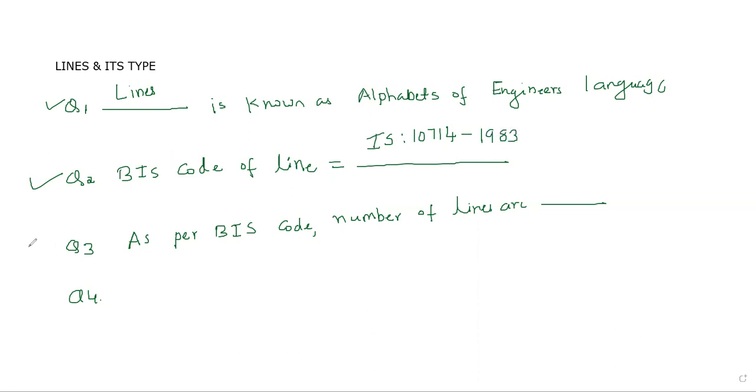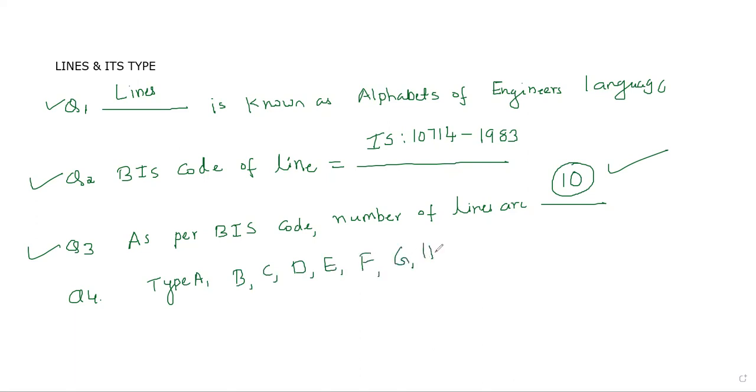Another point is, as per the above mentioned standard, how many types of lines are available? As per the above standard, the total number of lines is 10. How can we write the classification? Lines can be divided as type A, type B, type C, type D, type E, F, G, H, J, K. These are the different varieties of line.